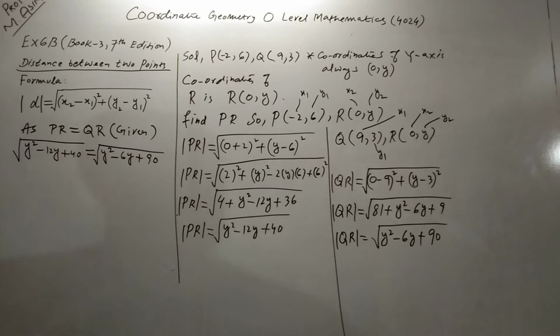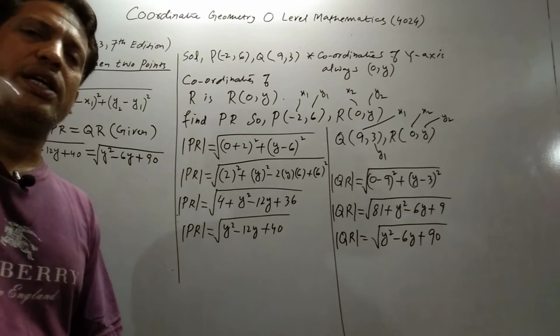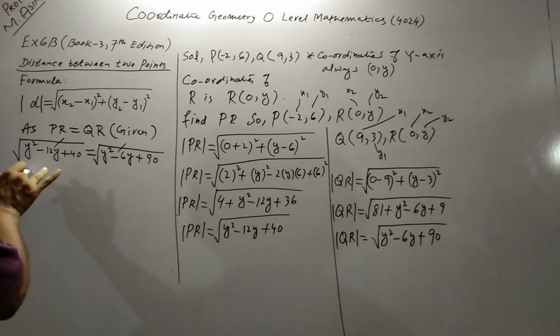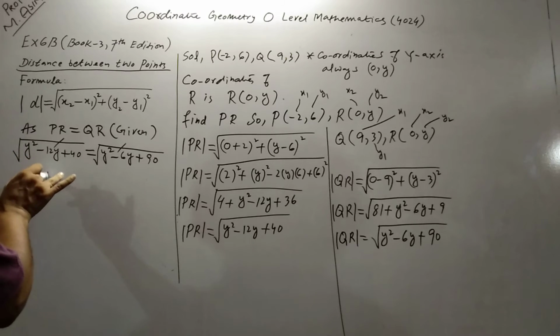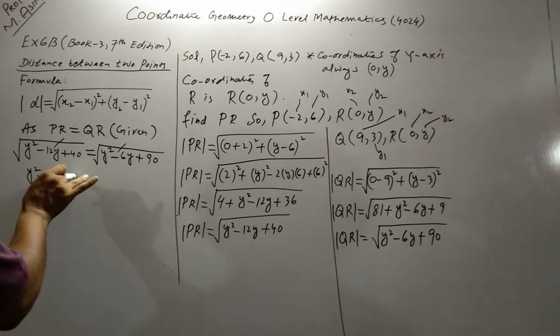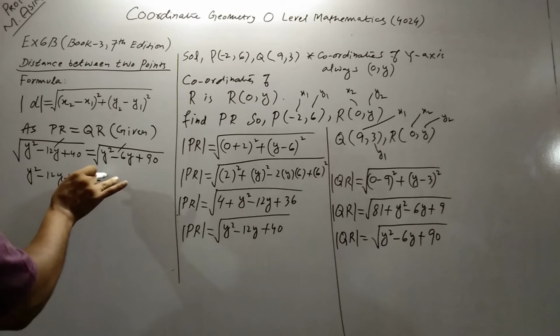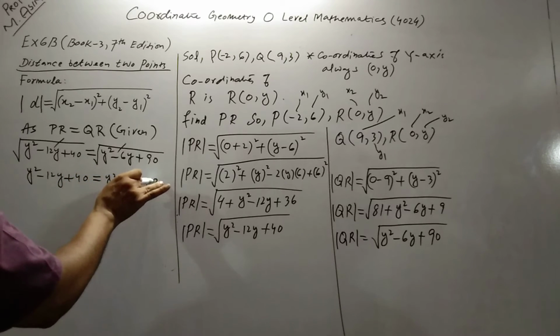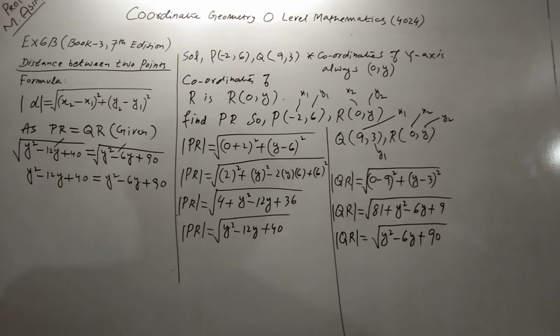If you see square root on both sides, you can directly cancel both the square roots. So what is remaining? y square minus 12y plus 40 equals y square minus 6y plus 90.